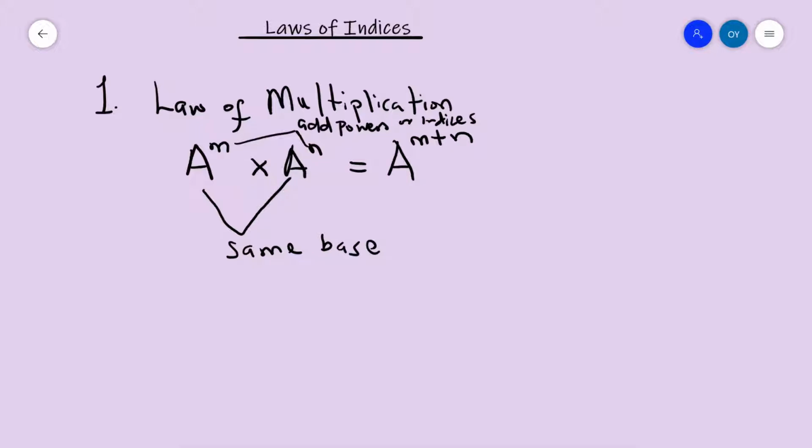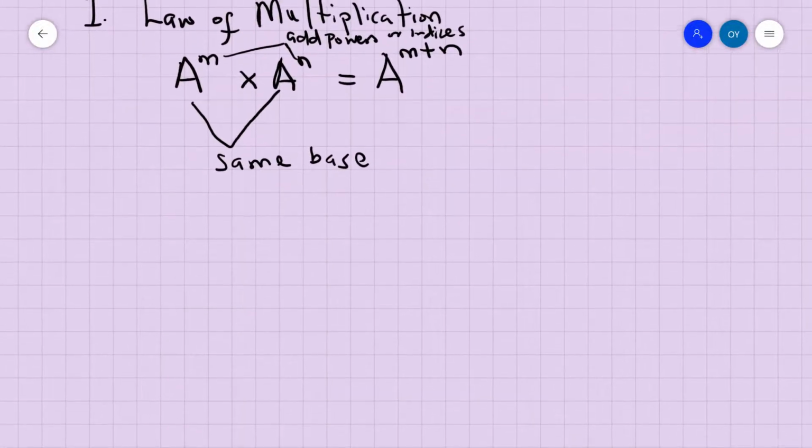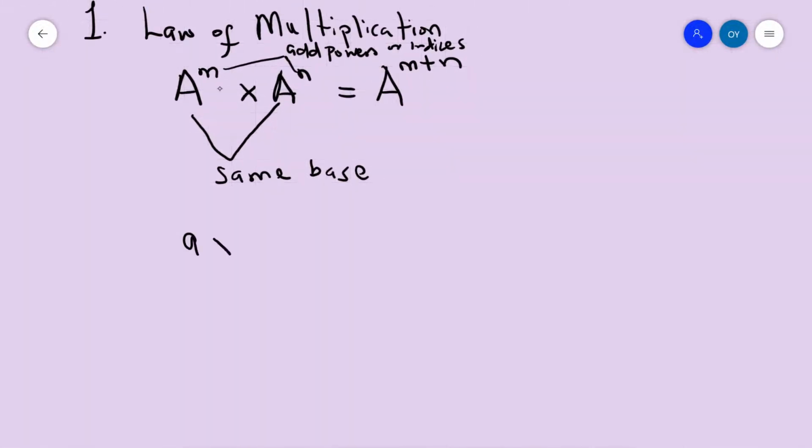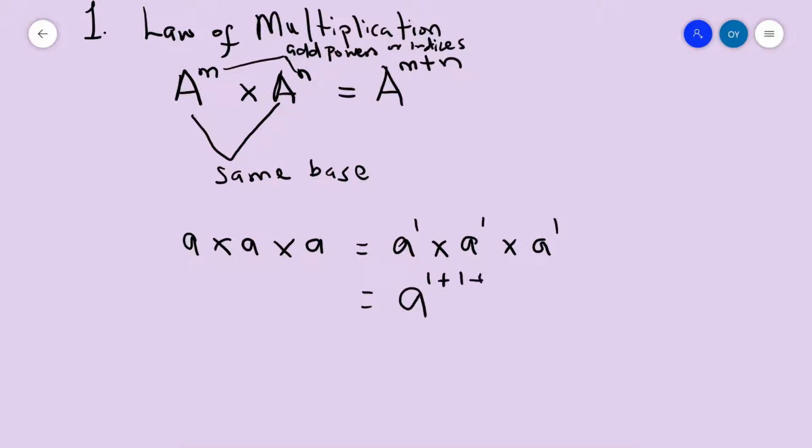So that's law 1. An example here: a times a times a. This is the same as a to the power of 1 times a to the power of 1 times a to the power of 1. You remember, because they have the same base, you write the base, then add the powers.